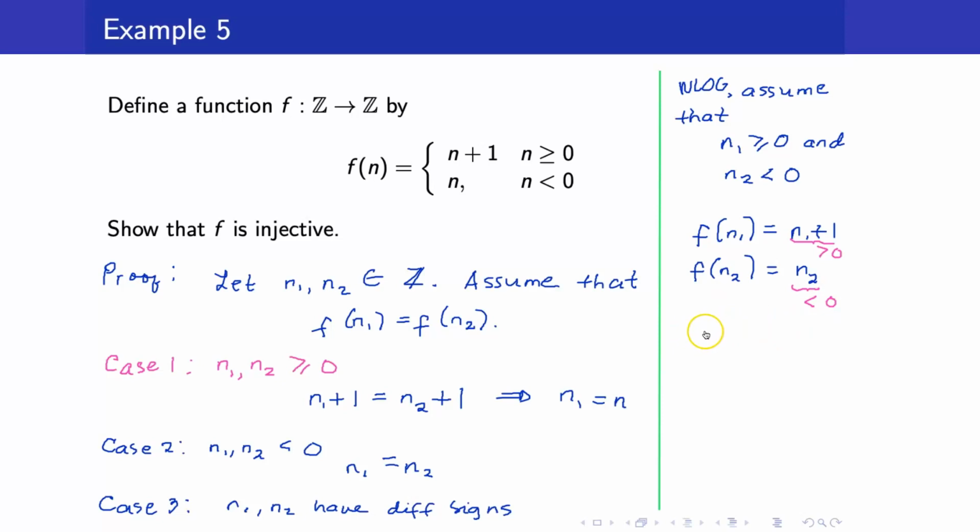So in this case, f of n1 is not the same as f of n2. So that means we have a contradiction, because our assumption is that f of n1 equals f of n2, and we got here that f of n1 is not the same as f of n2. So what does it mean if you have a contradiction here? This means that this case cannot happen.